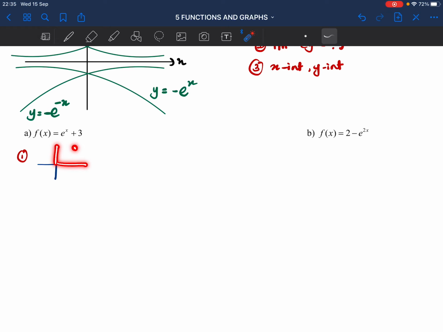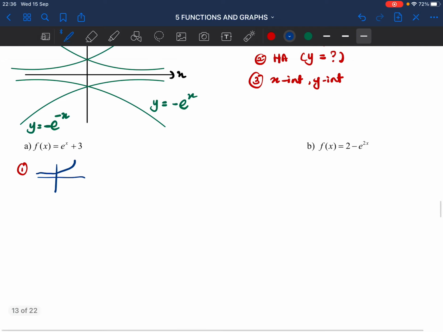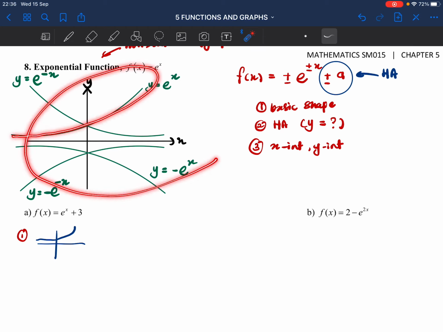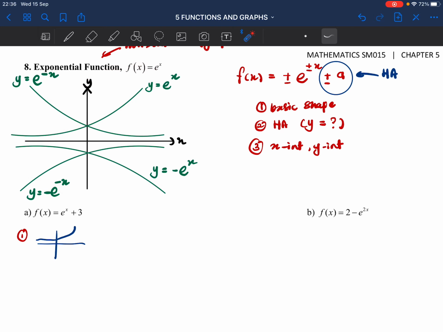Kita tahu dia ada horizontal asymptote, so dia akan jadi begitu. Okay, daripada kuadran 1 mendekati horizontal asymptote kita. Alright, so kalau kamu nak senang ingat, horizontal exponent function ni macam mana lah bentuk dia, dia akan jadi macam ni. Exponent kan, huruf E, gitu. Okay, dia ada horizontal asymptote, itulah dia.